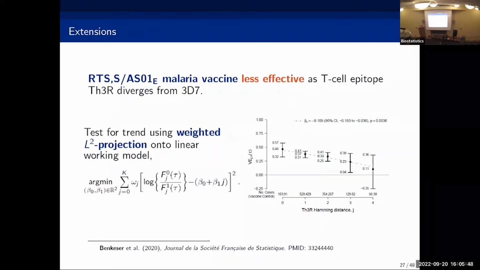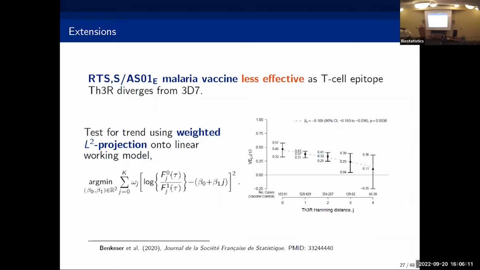You can also, as I mentioned, study not just 3D7 versus not 3D7, binary J. We can also have ordered J. So this is an analysis where we looked at how far a particular T cell epitope had diverged from 3D7. So it's basically counting the red dots, right? Counting how far we are away from the original strain and studying how efficacy falls off as a function of that.